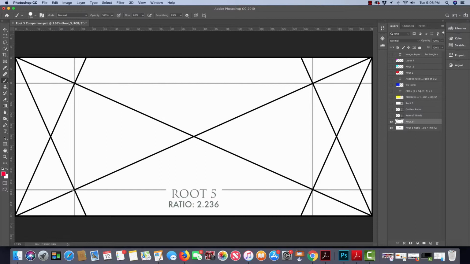Every rectangle has these, which we call reciprocals, which form a 90-degree angle on the major diagonals. So for example, the diagonal that goes all the way down here. I messed up on that, but you get the idea.